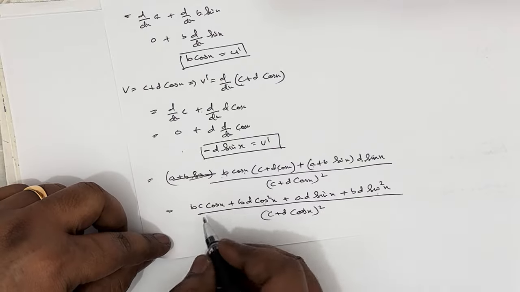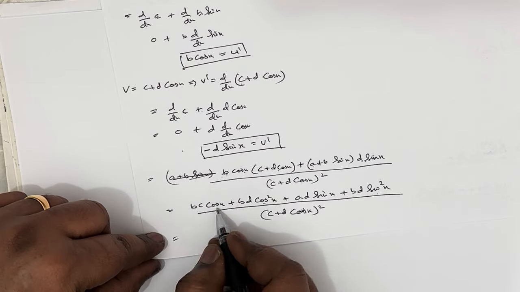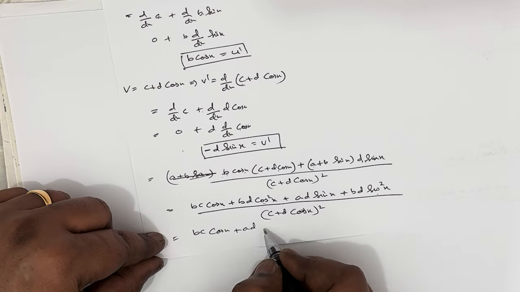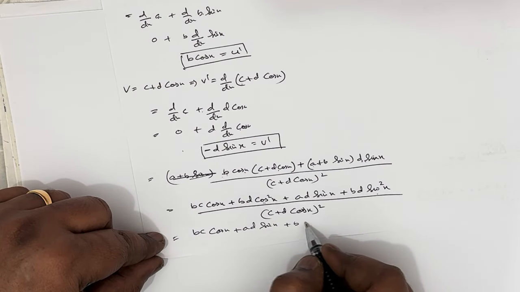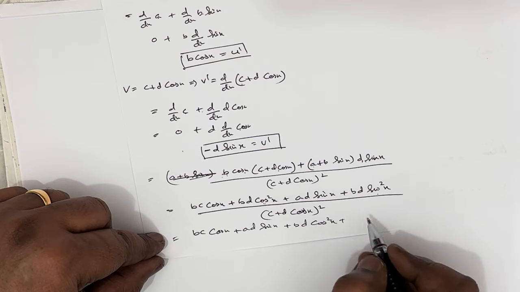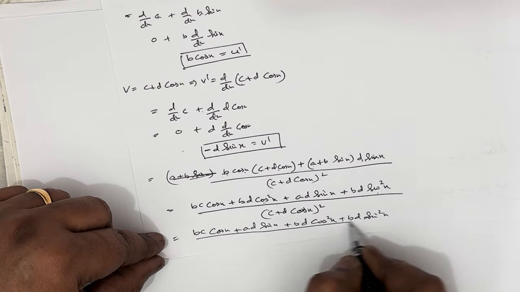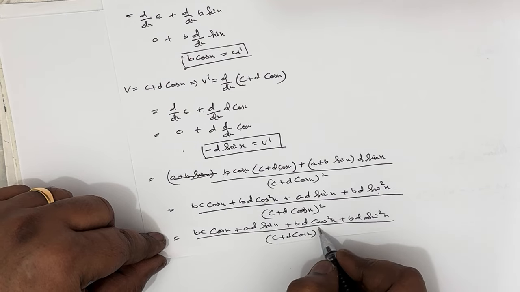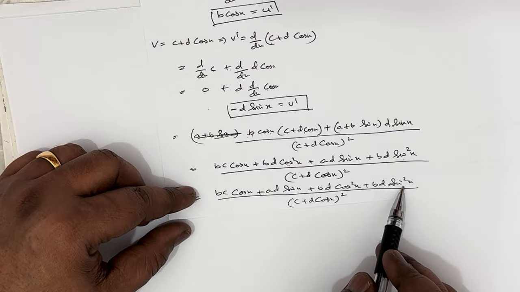So let's bring bc and ad together: bc cos x plus ad sin x. Now bd cos square x plus bd sin square x, upon (c plus d cos x) whole square. Let's take bd common, so you have bd times (cos square x plus sin square x).